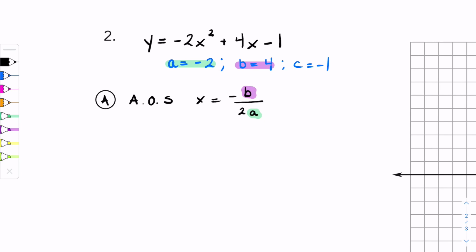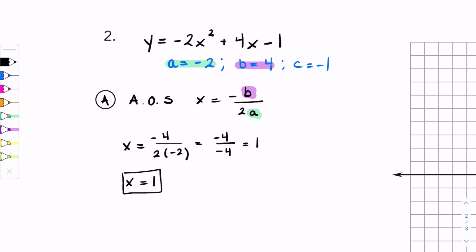When we substitute our values into the equation, we have negative 4 divided by 2 times negative 2. This simplifies to negative 4 divided by negative 4, or positive 1. So our axis of symmetry occurs at the line x equals 1.